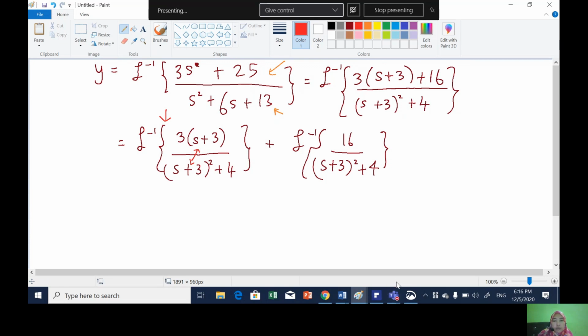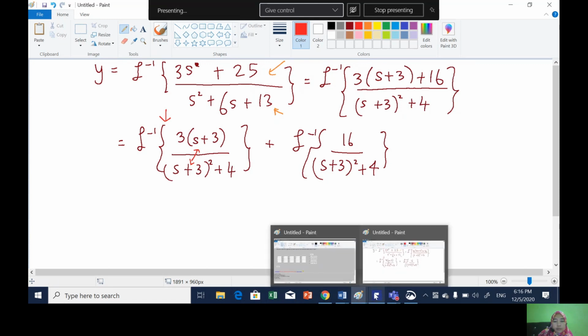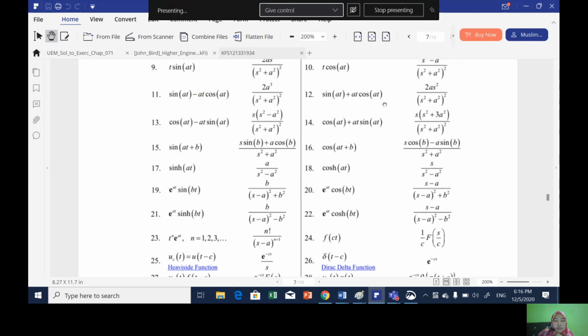So now we refer back to the Laplace table. The one in the numerator has no s, it's a constant, so we are going to use number 19.